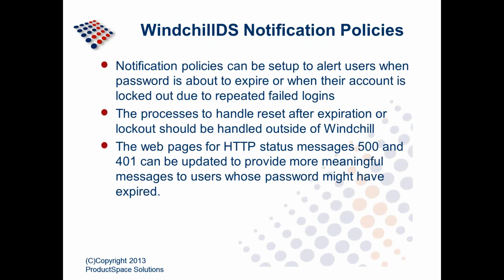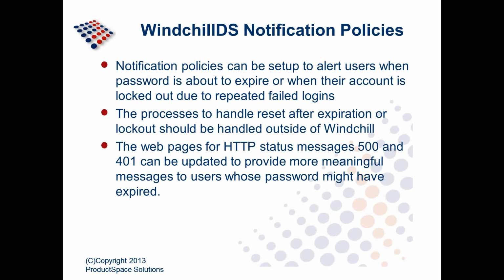So there are a few things that have to be done outside of Windchill. Though you can use WindchillDS to set up a lockout policy, so you can define that you want to lock out a user account if a user has entered the password wrong more than 3 times or 5 times, there is no function in Windchill to go and unlock the account. So you need to have some processes defined outside of Windchill where an administrator can log into DS and unlock an account.